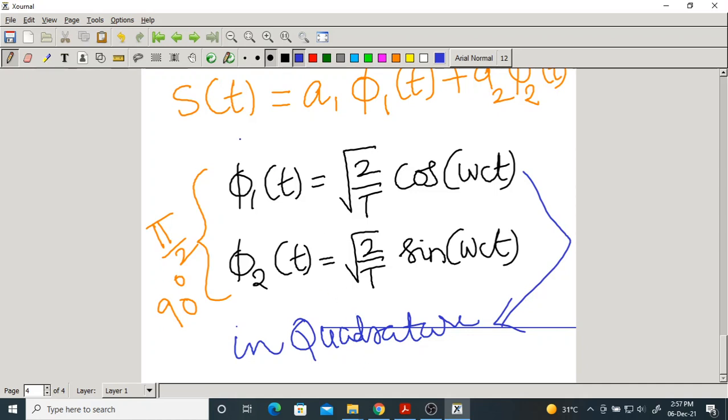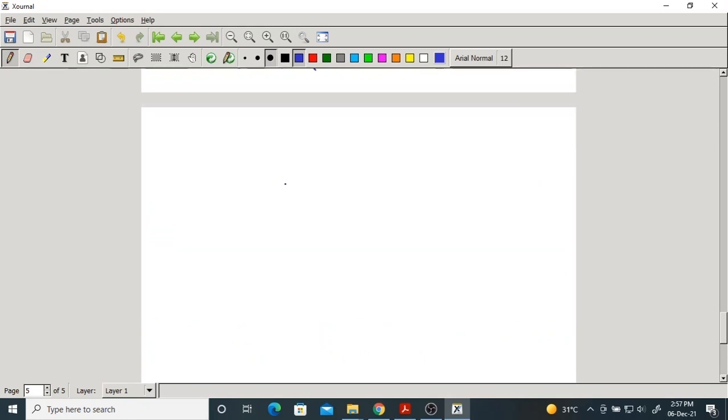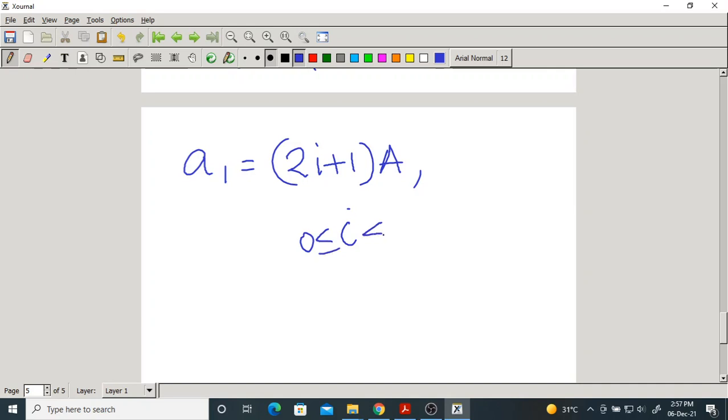Now how are A1 and A2 defined? That is one more question. A1 is defined as (2i plus 1) times A. I will tell you what A is, but i varies as 0 less than or equal to i less than or equal to root M by 2 minus 1.